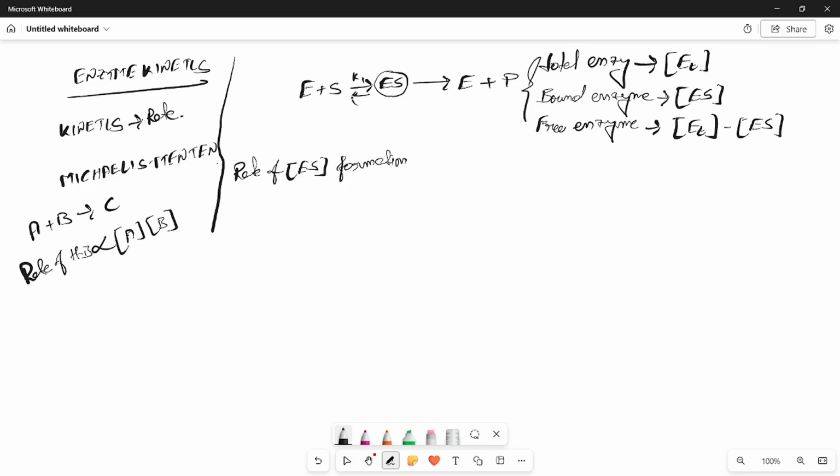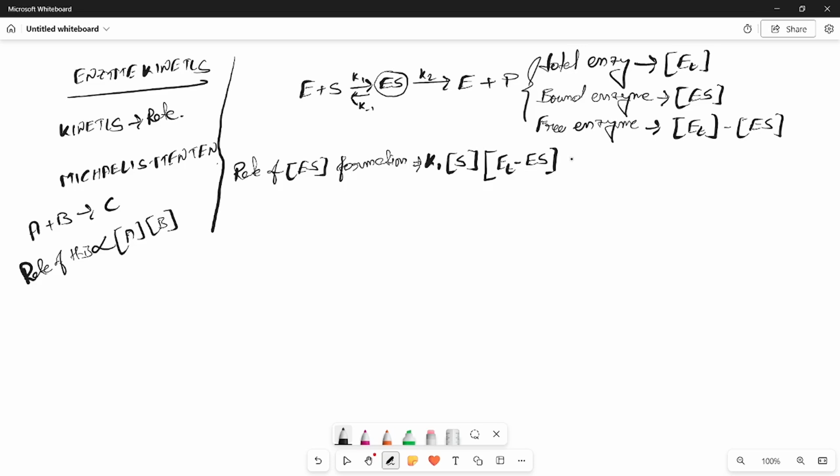Thus, this is what? Breakdown of ES, that we will consider as K minus 1. And these are the rate constants. Thus, what is the rate of this formation? Rate constant K1 into substrate concentration, S. This multiplied by what? The enzyme which is free to take part in this reaction, that is ET minus ES.